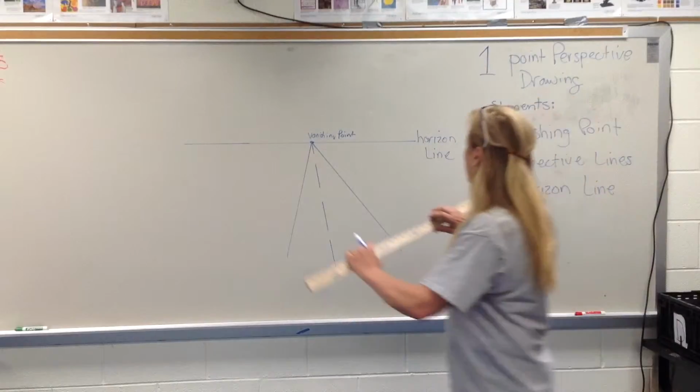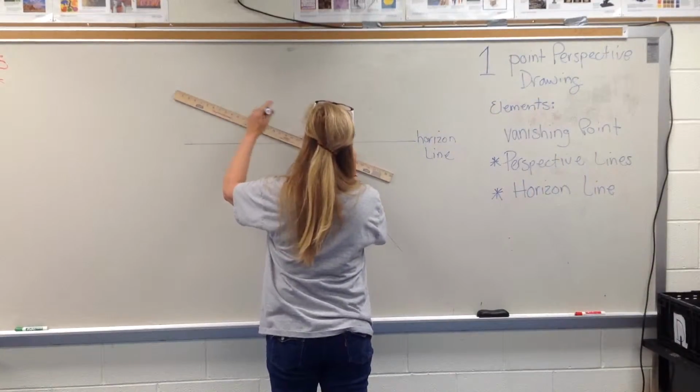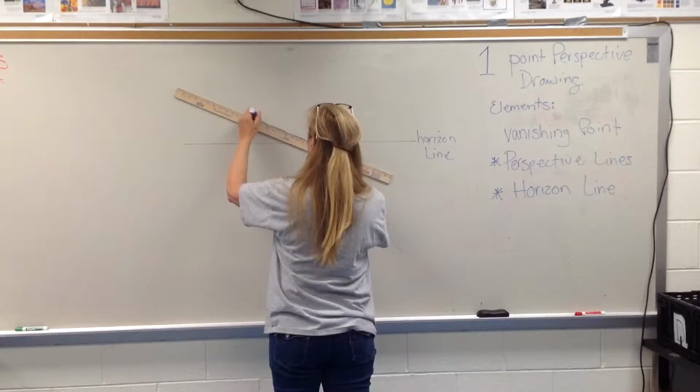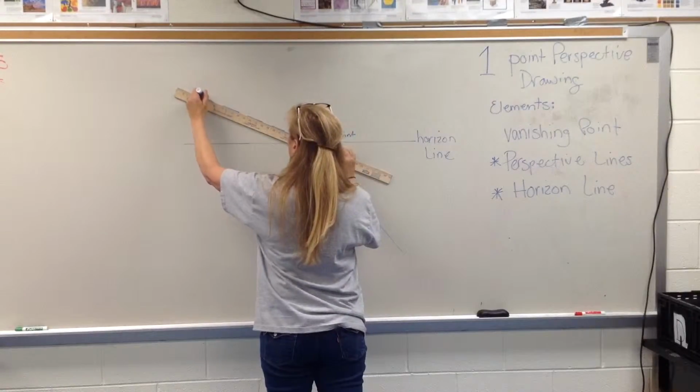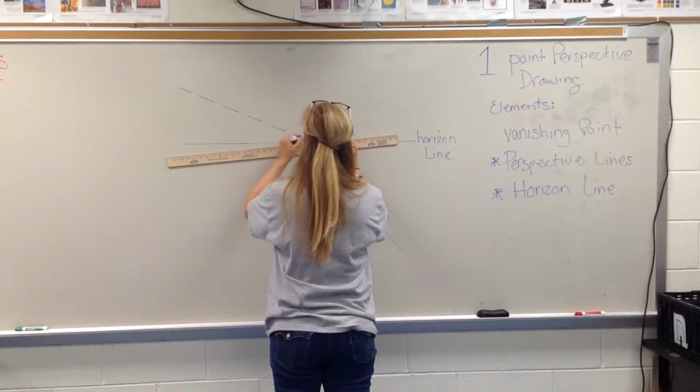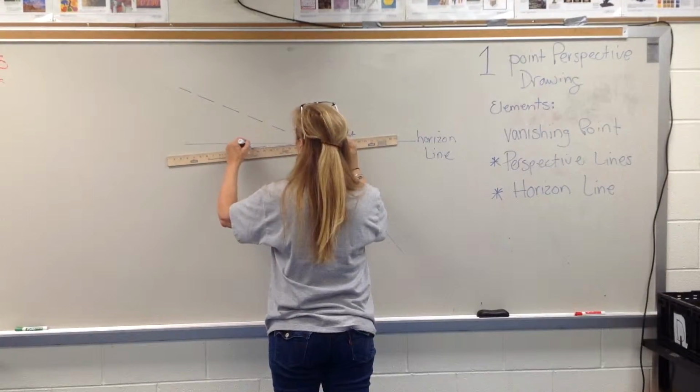Okay. Now, we're going to make a row of trees. And so if you'll watch, remember that perspective lines go into the vanishing point. These perspective lines are going to be dashed so that you know.